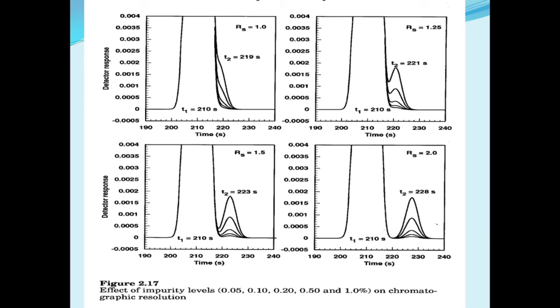Consequently, the preferred elution order in trace analysis in liquid chromatography is one in which the minor component elutes before the major component.